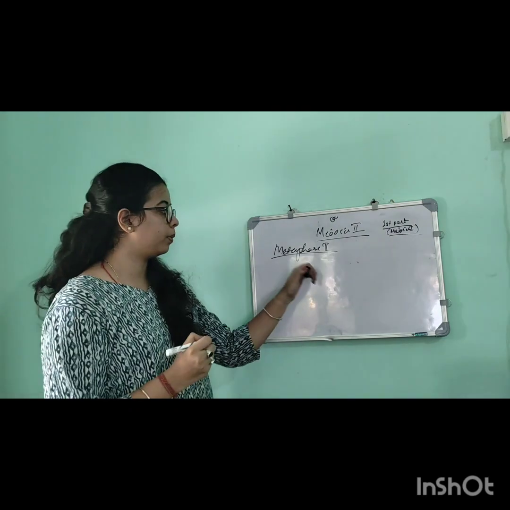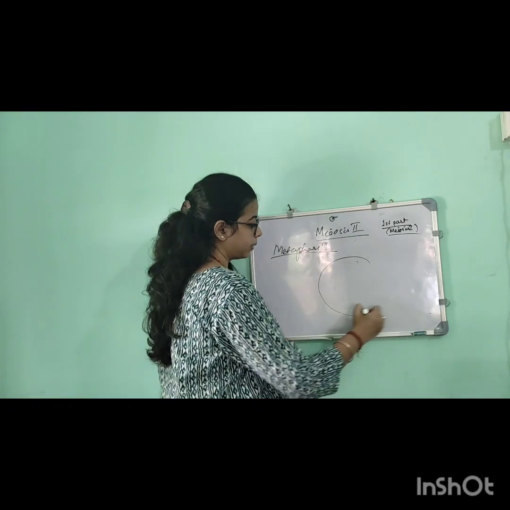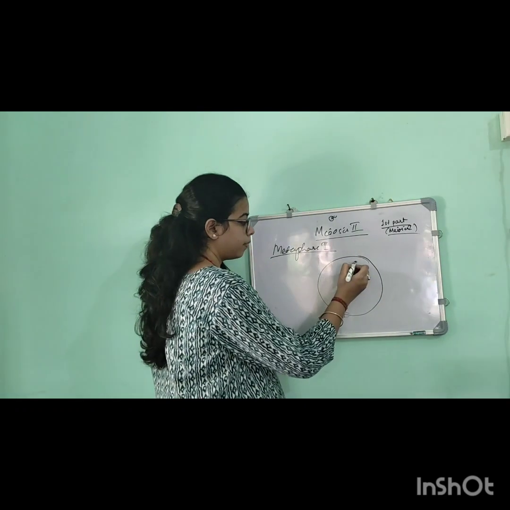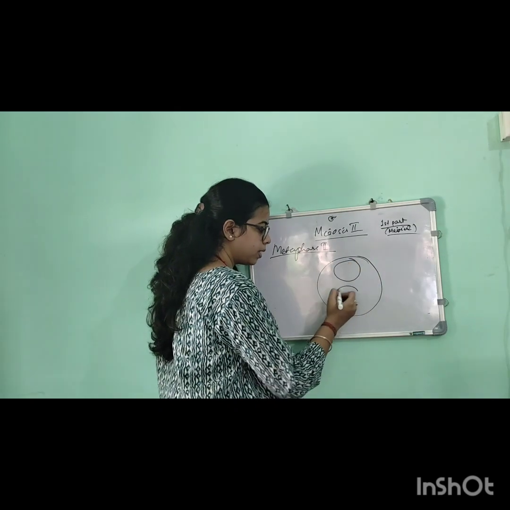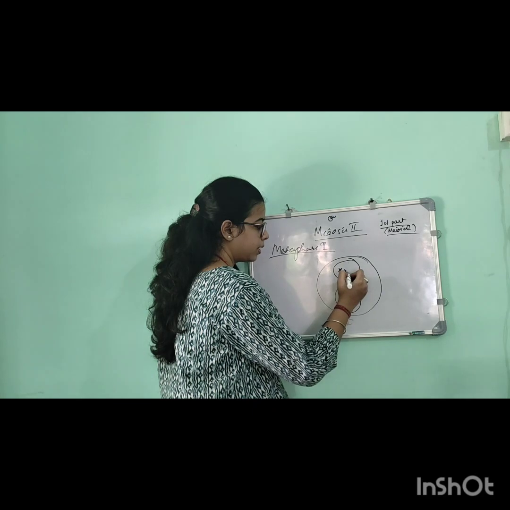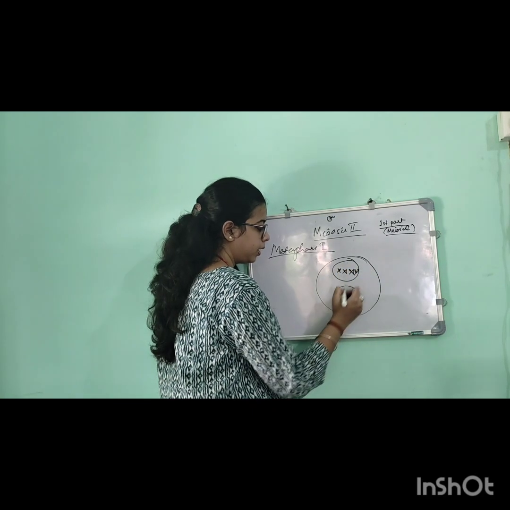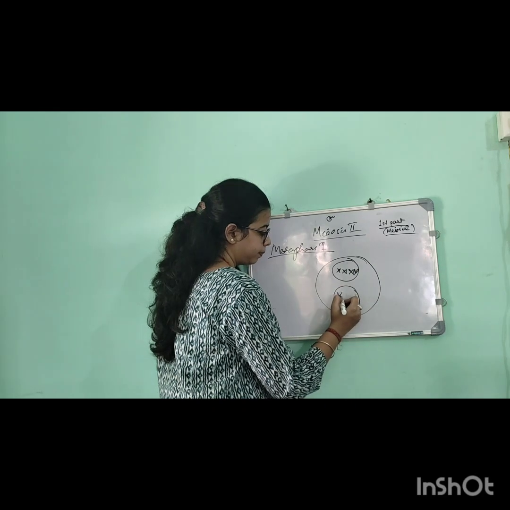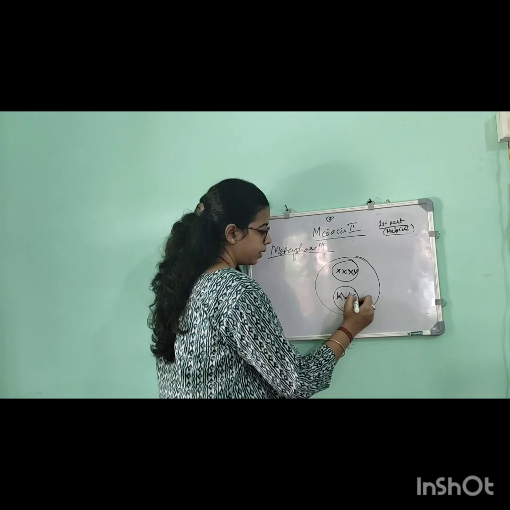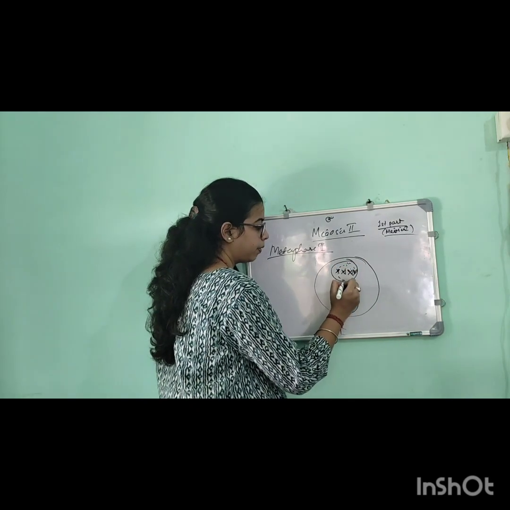The chromosomes will start arranging themselves at the equator. If this is a cell, then as I have told you, it is divided into two daughter cells. This is the chromosome. They will start appearing in the equatorial plane in a symmetric manner, still attached to the spindle fiber with the help of the centromere.